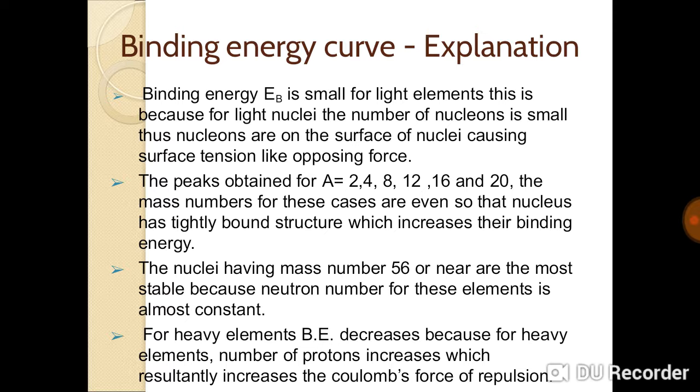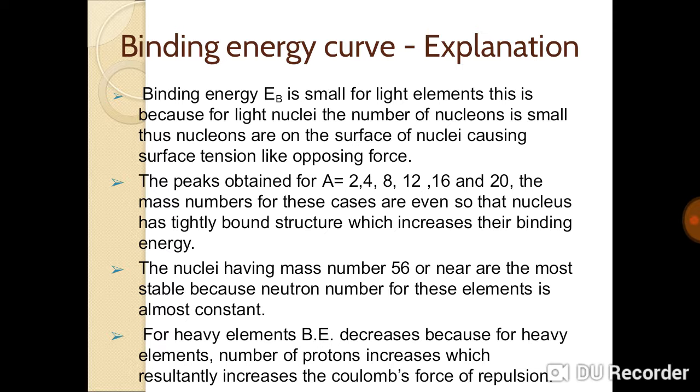The peaks obtained at A equal to 2, 4, 8, 12, 16 and 20, the mass numbers for these cases are even, so that nucleus has tightly bound structure which increases their binding energy. The nuclei having mass number 56 or near are the most stable.